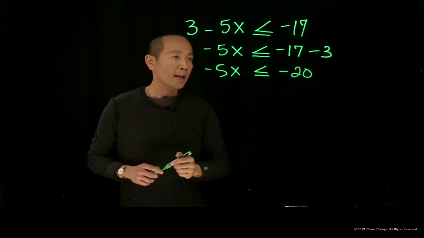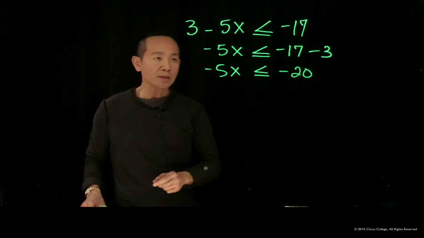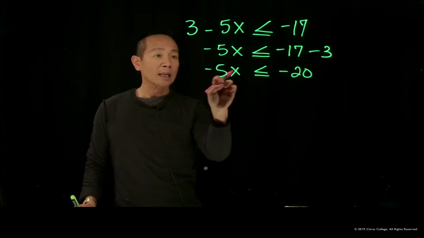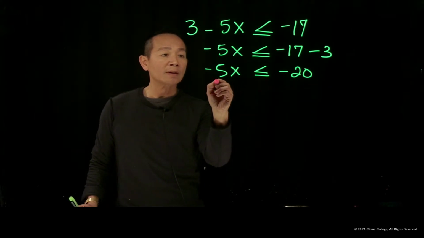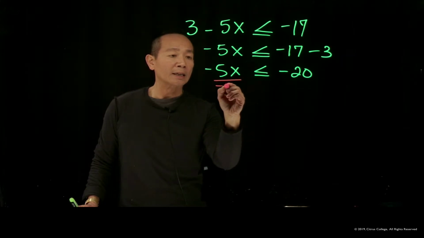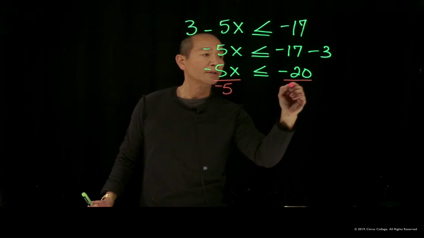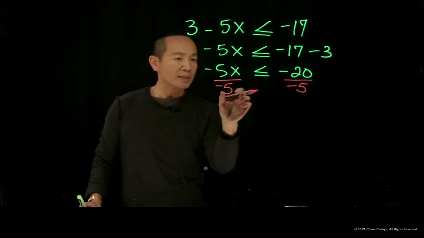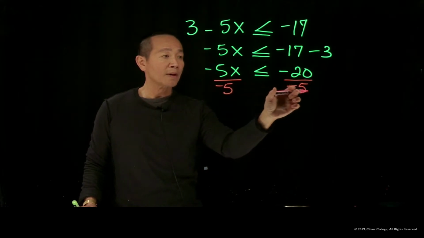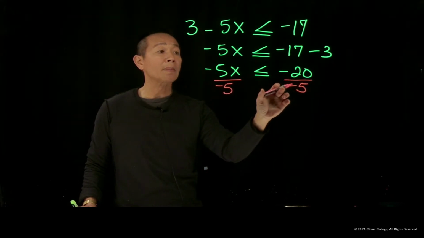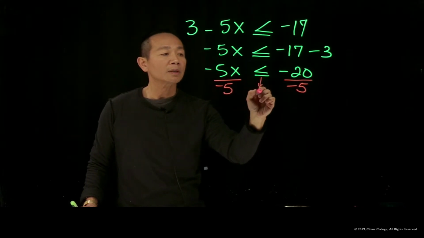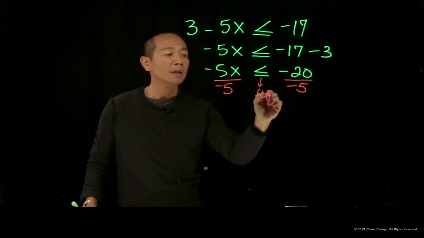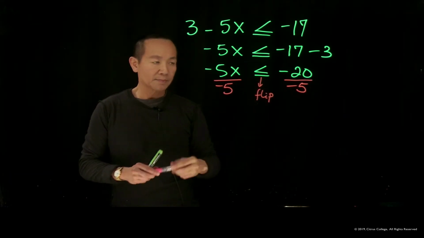And then the last part, if you want to solve for x, you need to eliminate the negative 5, the coefficient. So we'll divide both sides by negative 5. And once again, because we divide both sides of the inequality by a negative number, we have to flip the inequality sign.